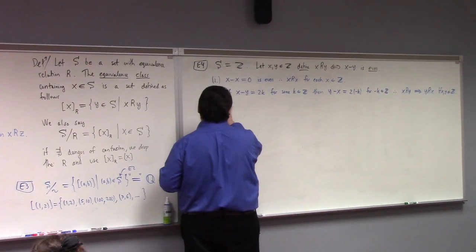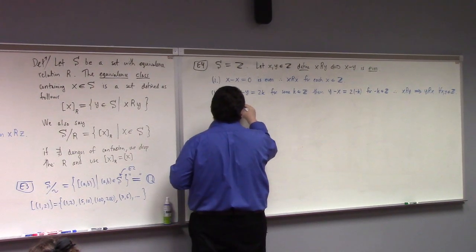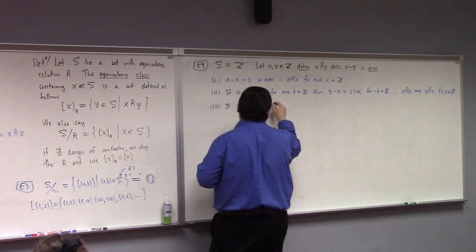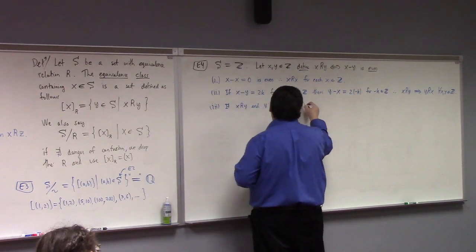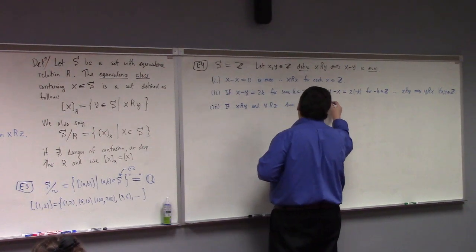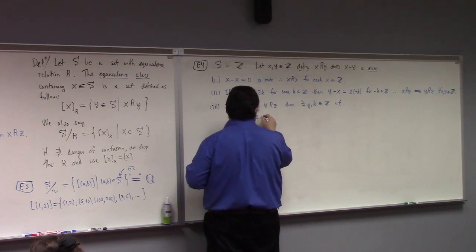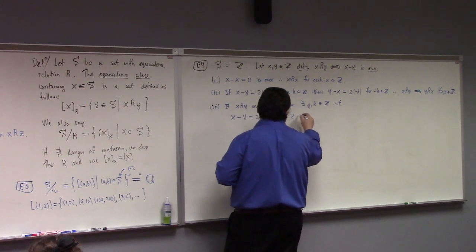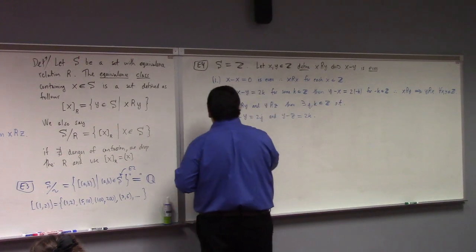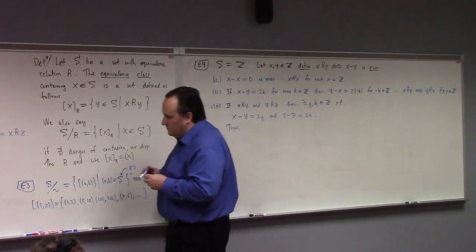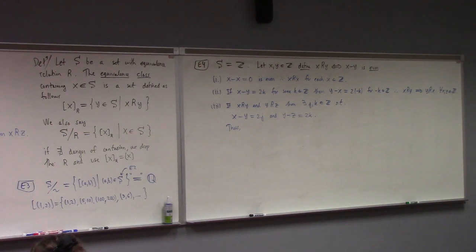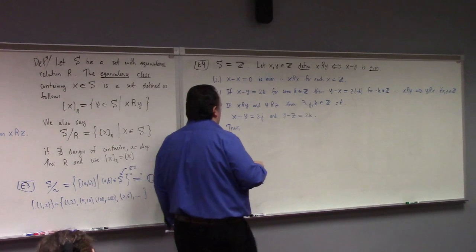3, if we have x related to y and y related to z, then there exist, let's say, j and k in the integers such that x minus y is equal to 2j and y minus z is equal to 2k. Thus what? Let's see here.